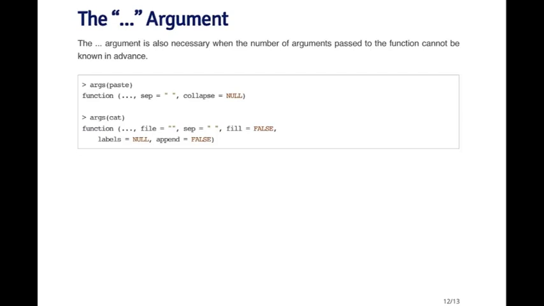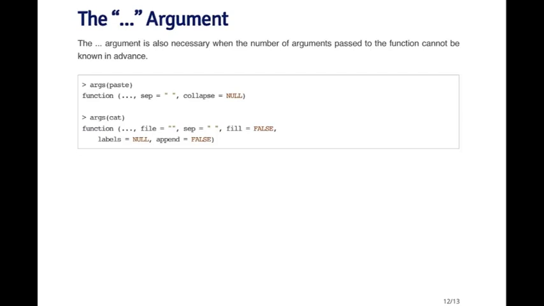So there's no way for the function to know in advance how many arguments it's going to have to paste together. And so the first argument for paste is actually dot dot dot, and therefore you can take a number of different R objects that are character vectors and paste them together using a separator, which in this case by default is the space. There are other arguments to paste, which are sep and collapse, but they come after the dot dot dot argument.